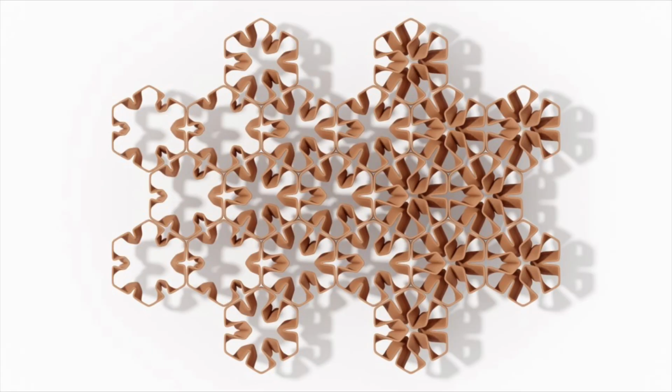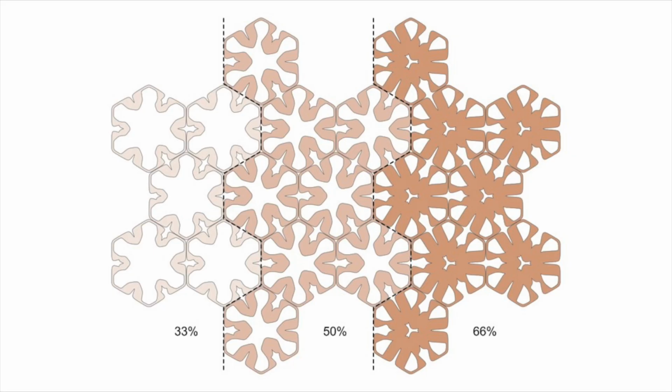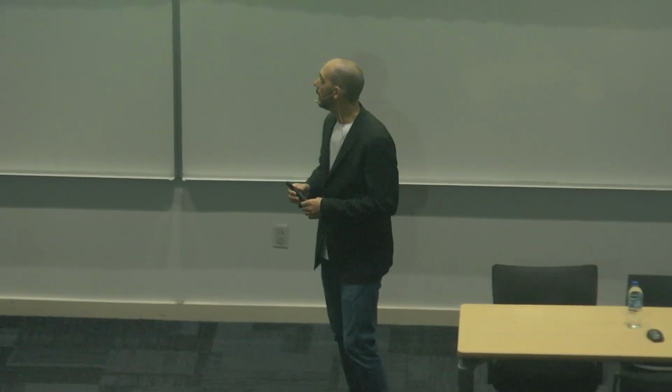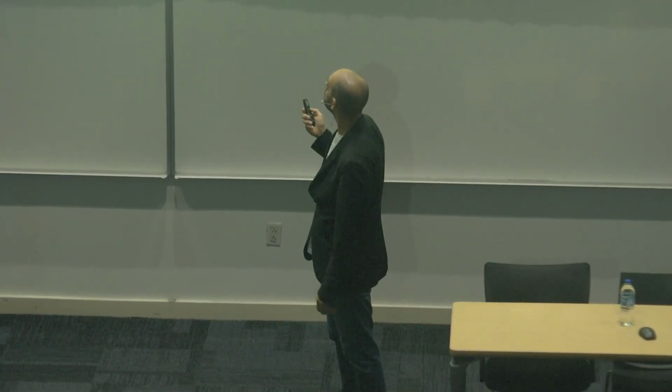Here you see a render of how it looks, for example, in this case. With different designs, we were achieving different levels of porosity of the structure. And we printed a few sample walls that were exhibited at the expo in Qatar.